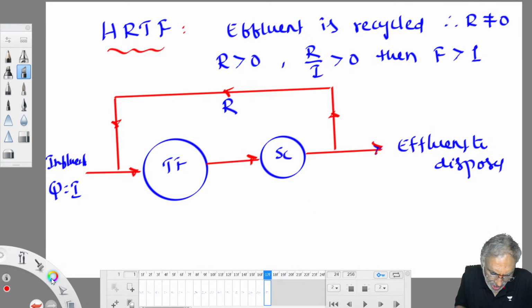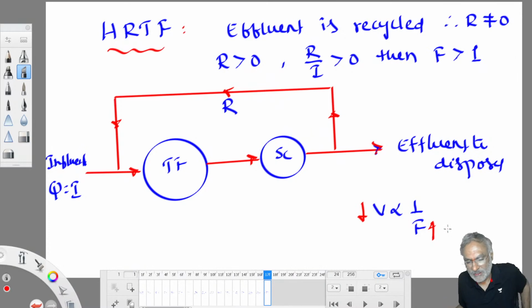Therefore, volume of the trickling filter is inversely proportional to F. As F value increases, volume decreases. That is the advantage of recirculation. Understood? The volume of the trickling filter will be less compared to a standard trickling filter, so it consumes less space for installation. This is how we can understand the importance of recirculation.